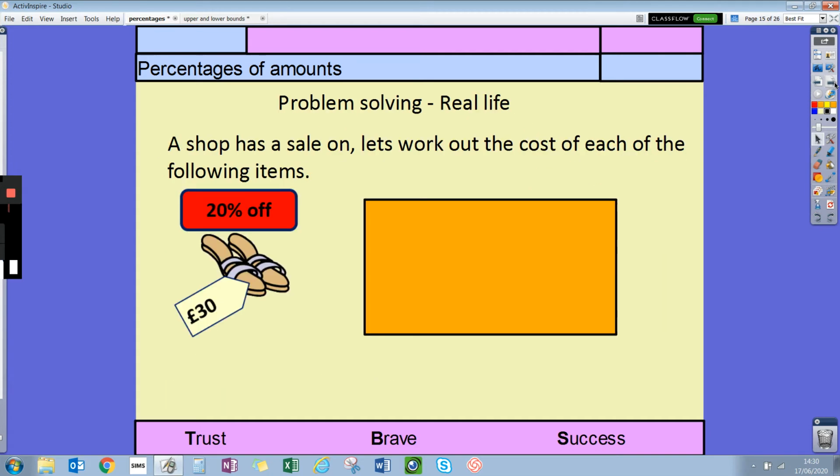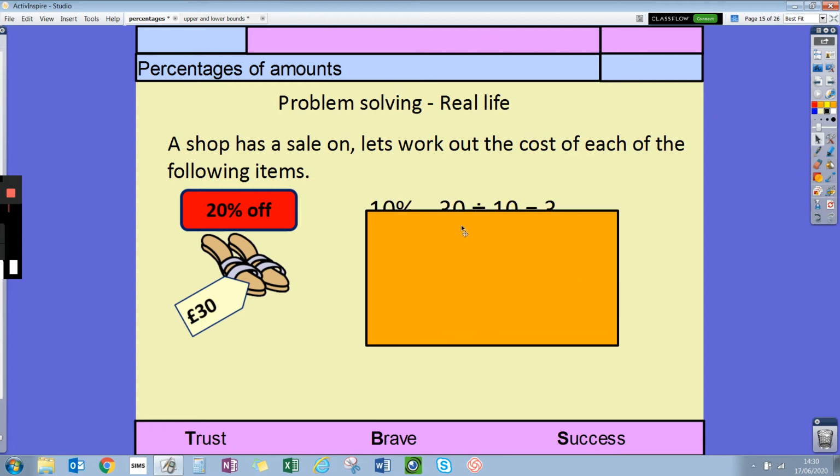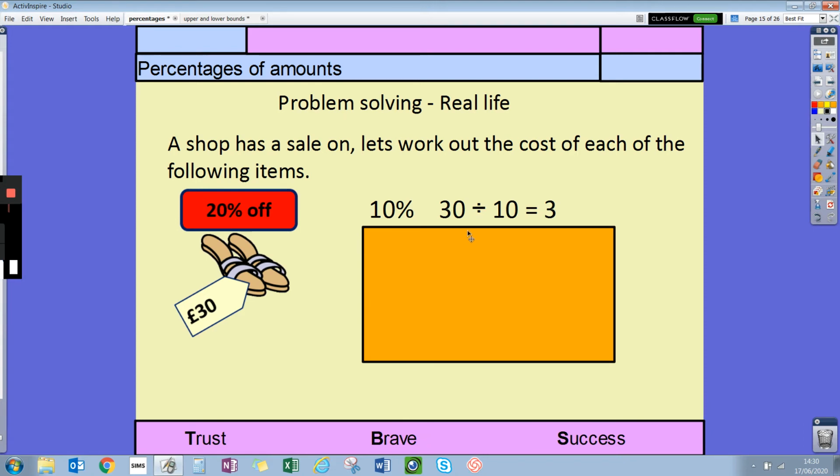So we're now going to look at a couple of real life examples. So now we've got a question where a shop's got a sale on. Let's work out the cost of each of the following items. These sandals were £30 originally, and it's 20% off. The first thing I'm going to do is work out 20%. 10%, remember, you divide by 10, so that's 3.